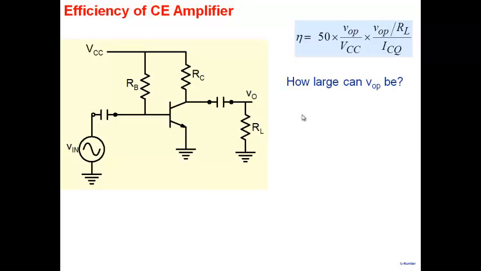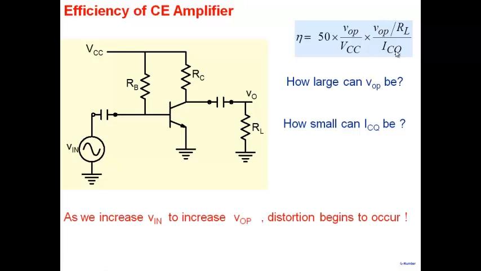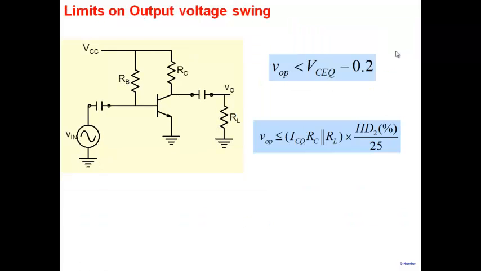So the issue then becomes, how large a VOP can I have? And we've already seen also how small an ICQ can I have. So you want to make VOP as large as possible, or this ratio as large as possible, and you want ICQ to be as small as possible here. And so we know the limits are the following. I can have VOP as large as possible, but I must make sure that my transistor does not go into saturation.